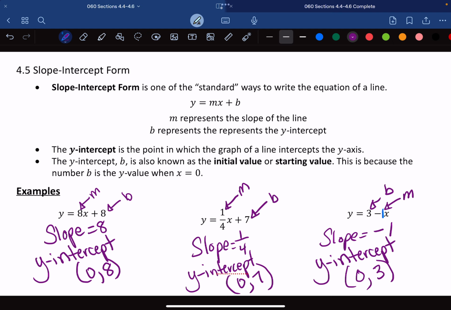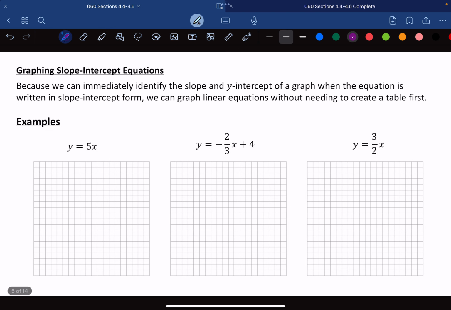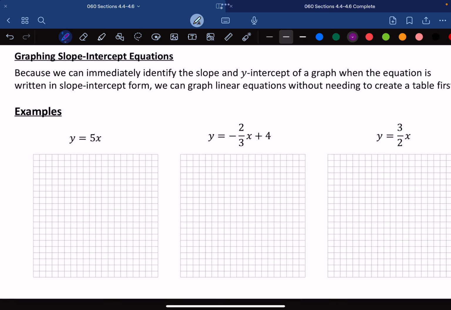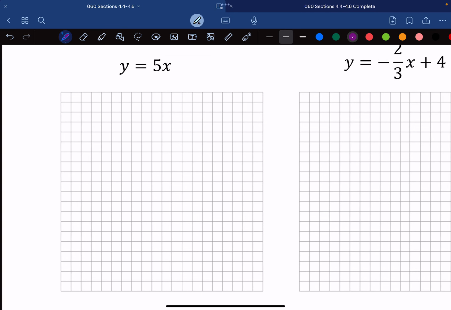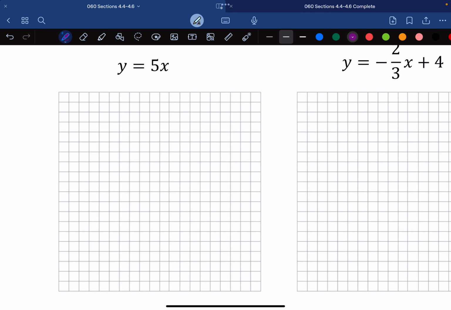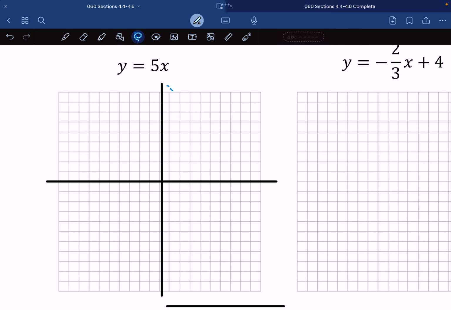Having slope-intercept form is helpful, as I mentioned before, because it helps us graph the equations. So I'm going to zoom in, and we're going to graph a couple of equations. And we won't need a table. We've been graphing equations using a table. We don't need a table if we have our equation written in y-intercept form.